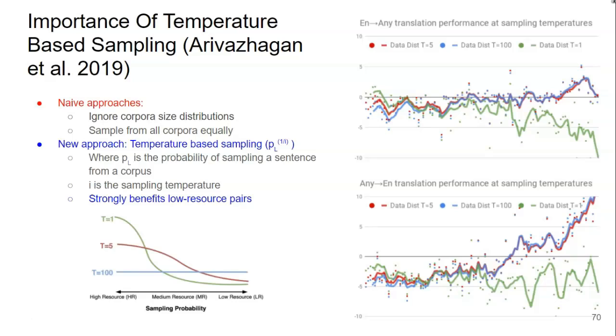But on the other hand, if you use high temperature sampling or some moderate temperature sampling, then low resource translation improves significantly and high resource translation is more or less the same as when no temperature was used for sampling. This means it's very important to give some kind of fair representation for low resource languages, especially in a massively multilingual setting, and temperature-based sampling is one of the good approaches to give some kind of fair representation.